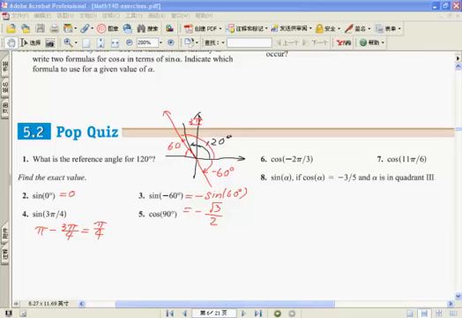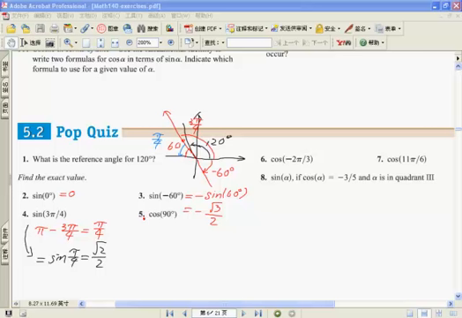So pi minus 3 pi over 4, then you get this reference angle, that is pi over 4. And in quadrant 2, sine is positive. So sine of 3 pi over 4 is equal to positive sine of pi over 4, and this is equal to root 2 over 2.